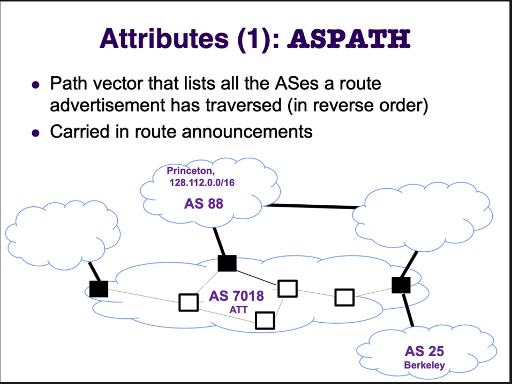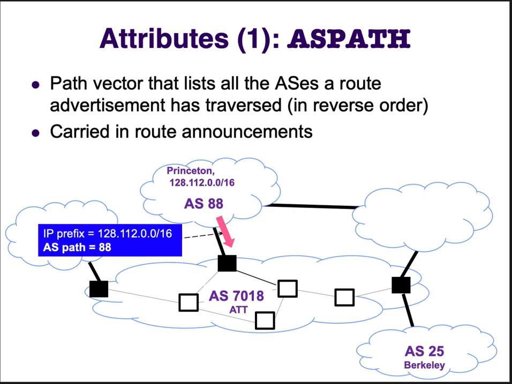So let's say in this example, I have Princeton, and Princeton is AS88. It has a prefix 128.112.0.0/16, and it's connected to AT&T. Okay? So the Princeton and AT&T are going to have an eBGP session between their border routers. And in that session, Princeton is going to advertise, this is my prefix.